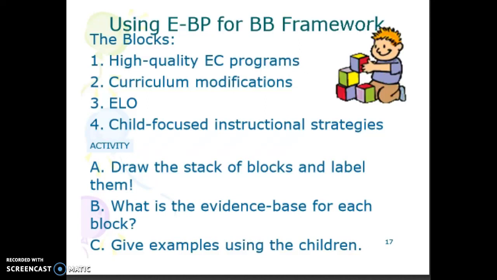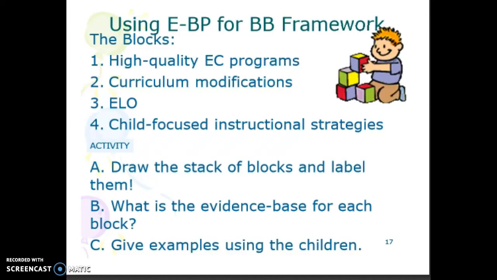And the blocks get smaller because fewer children have these needs in these areas. And the delivery of your services as we move up this stack becomes more and more specific and individualized. And when you think about it, what is special about special education is individualization.